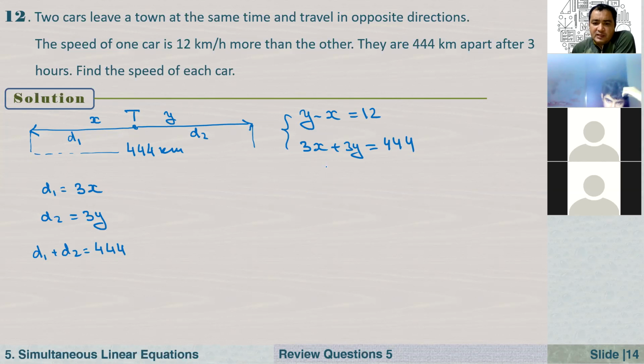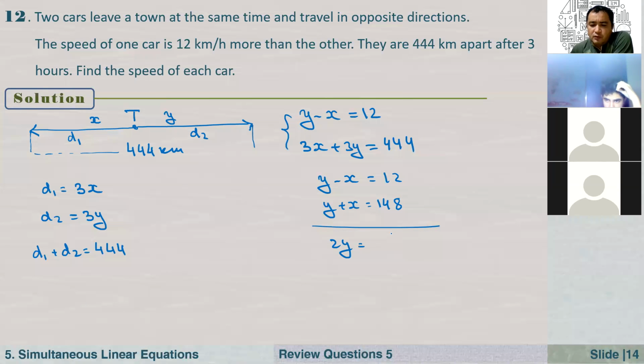Now from the first one, I can just write this as y minus x equals 12. The second one, I can write as y plus x, I just divide both sides by 3. If you divide 444 by 3, what is it? 150, and 2 less, it is 148. So if we add them together, 2y equals 148 plus 12, that's equal to 160.